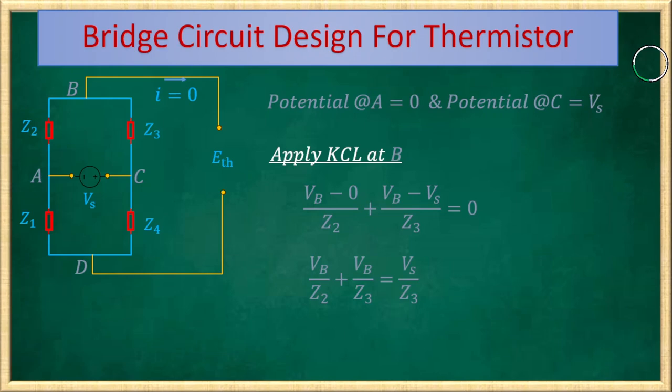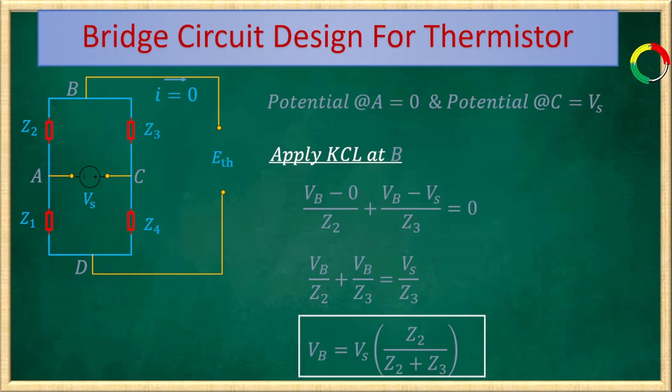Simplifying this, Vb over Z2 plus Vb over Z3 is equal to Vs over Z3. Finally, solving for the potential at B, Vb is equal to Vs times Z2 over Z2 plus Z3.